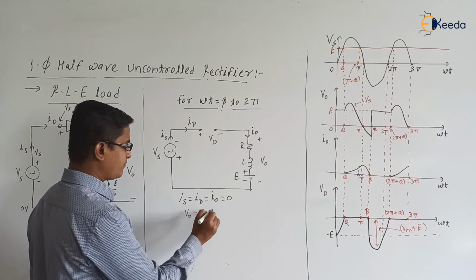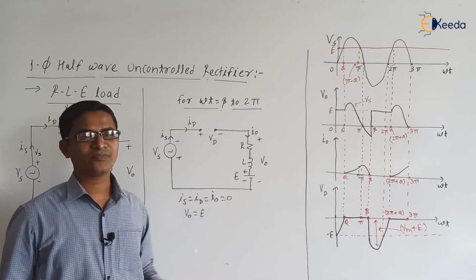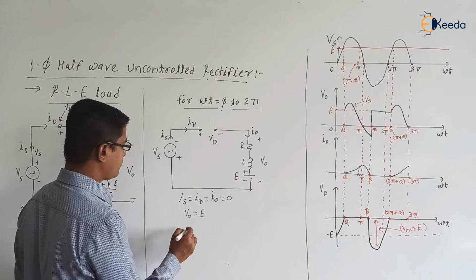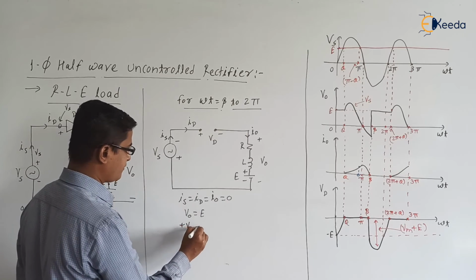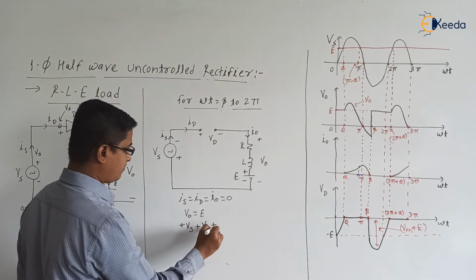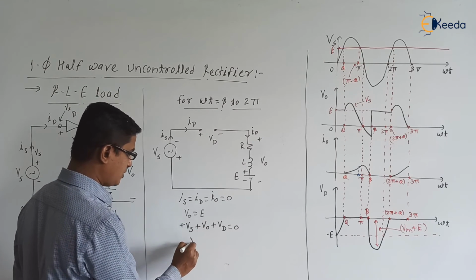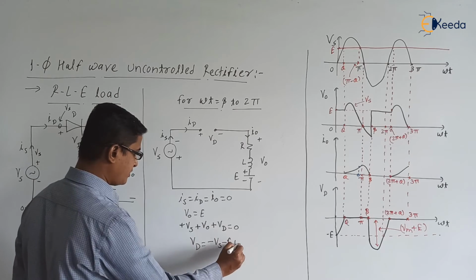V0 is equal to E. When the current in the circuit is 0, V0 will be equal to E only. Next, what is Vd? We can apply KVL: plus Vs plus V0 plus Vd is equal to 0. Out of that V0 is E, so therefore Vd is equal to minus Vs minus E.